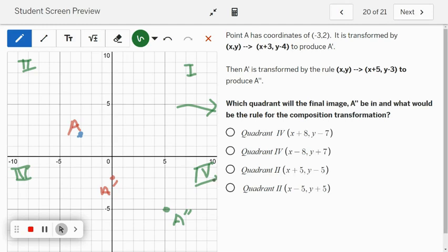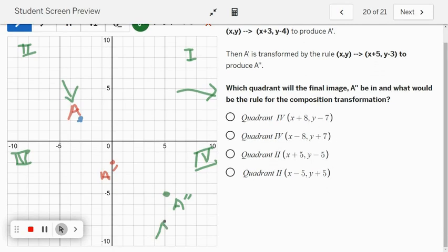Okay? And then what we want to know is, okay, how do I get from A to A double prime? So I would have to go right 1, 2, 3, 4, 5, 6, 7, 8. So I'm going to go right 8 and down 1, 2, 3, 4, 5, 6, 7.